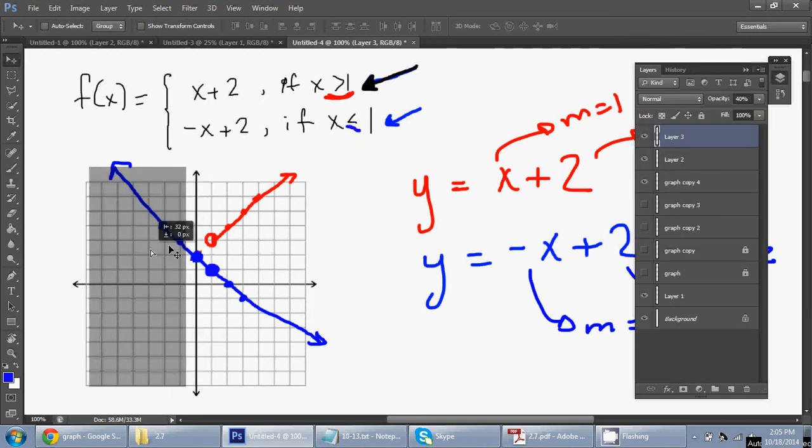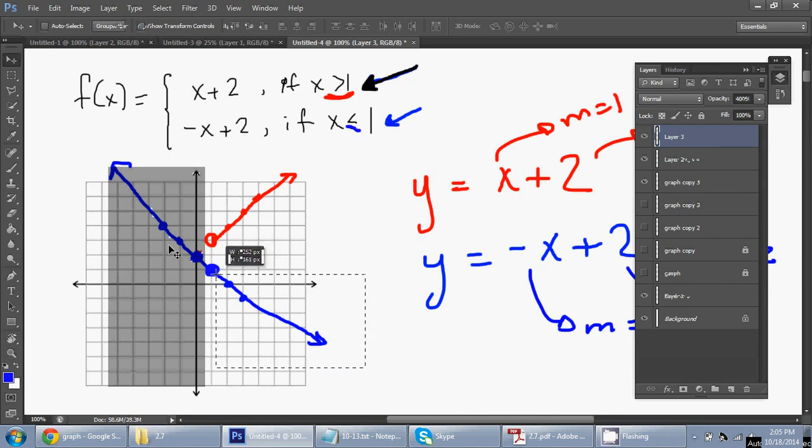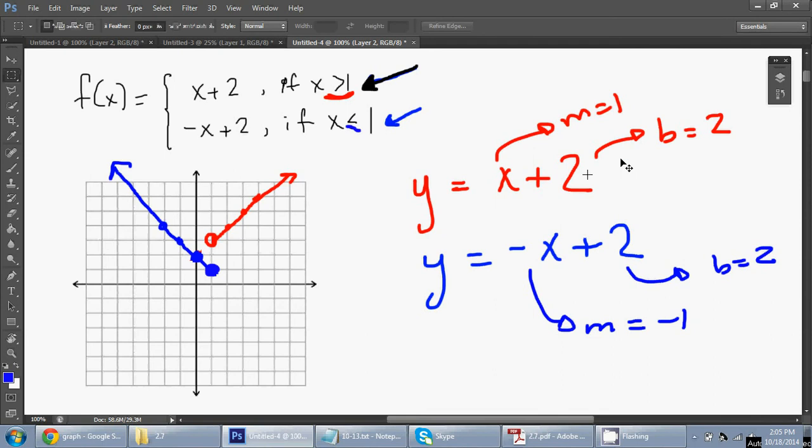So they want you to erase everything that's above the 1. We're going to do that here. And that's it. Now you have these two piecewise functions: one that shows x plus 2 when x is greater than 1, and one that shows negative x plus 2 only when x is less than or equal to 1.